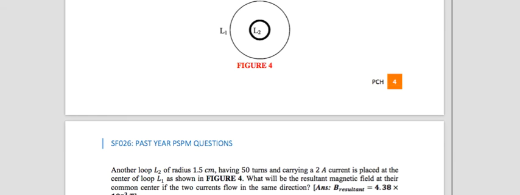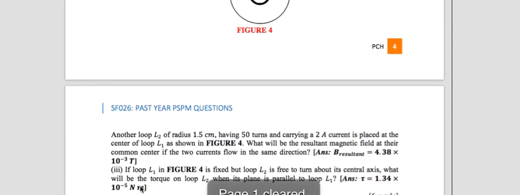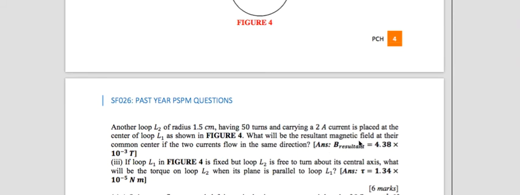The current here is given as 2 ampere, and this is loop 2. The number of turns is 50 turns, right? So the question asks you to calculate the resultant magnetic field at the center if the currents are in the same direction.